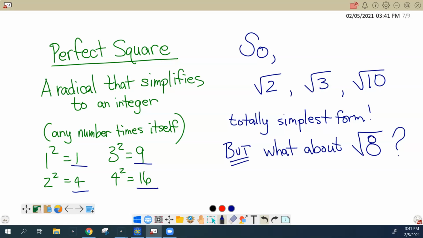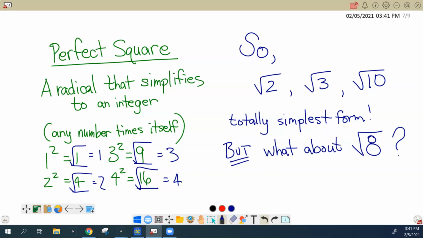That means if you took the square root of all of these numbers, the square root is an integer, right? The square root of 1 is 1. The square root of 4 is 2. The square root of 9 is 3. And the square root of 16 is 4.